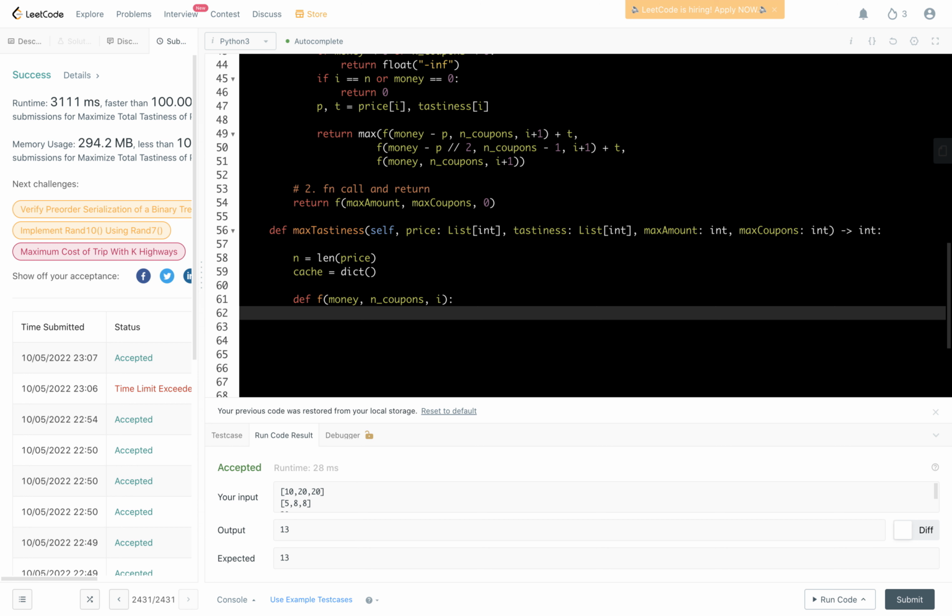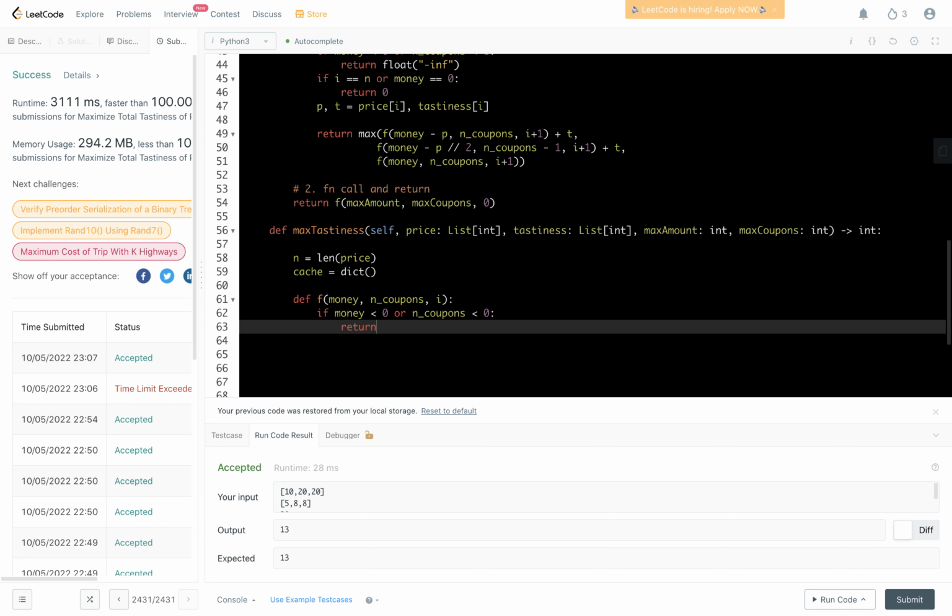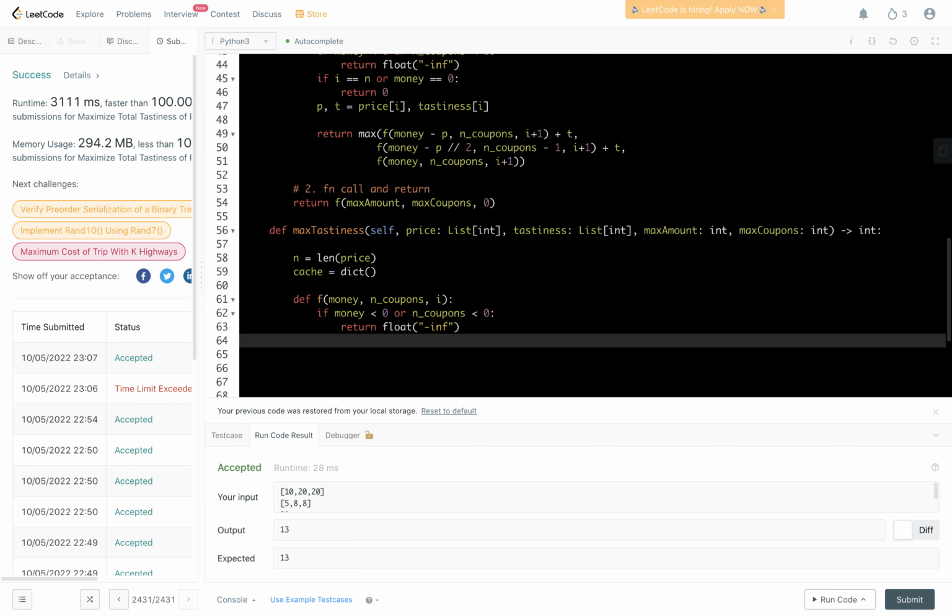Next we are going to write the function similar to above: money, number of coupons, and index, right? Same interpretation, but slightly different. First the impossible case: if money or coupons are less than 0, in this case we are going to return negative infinity.